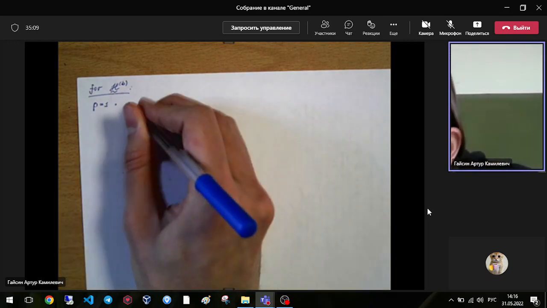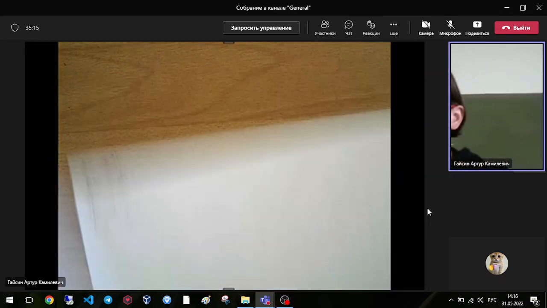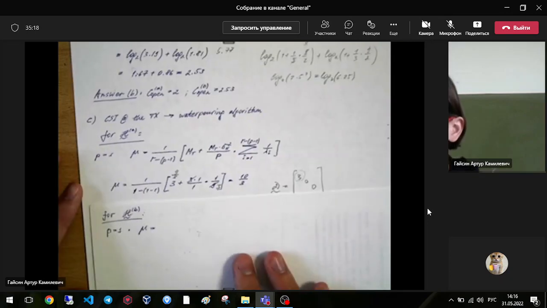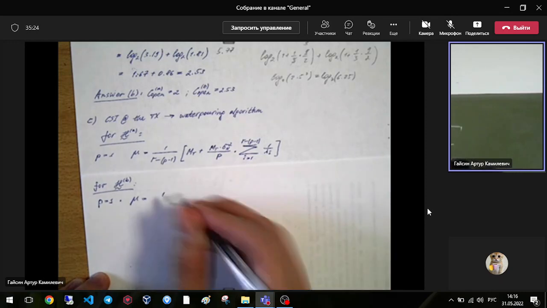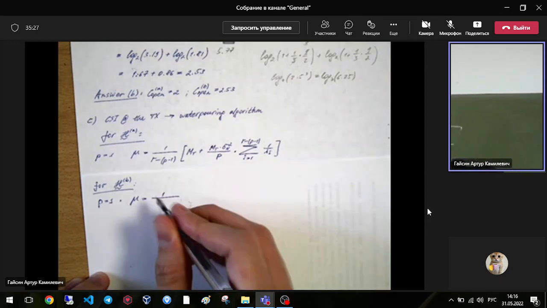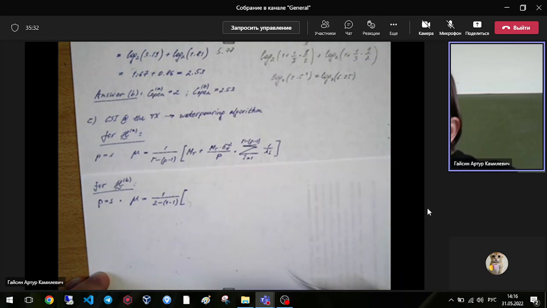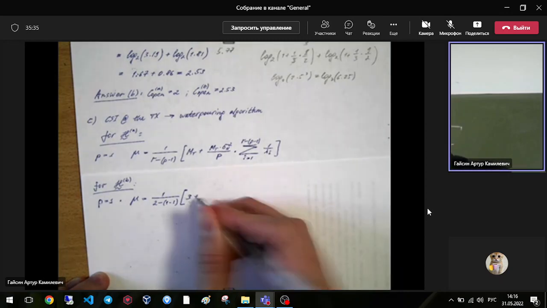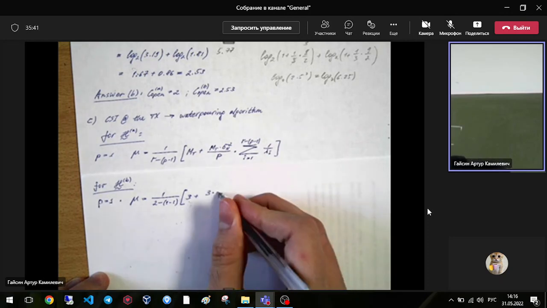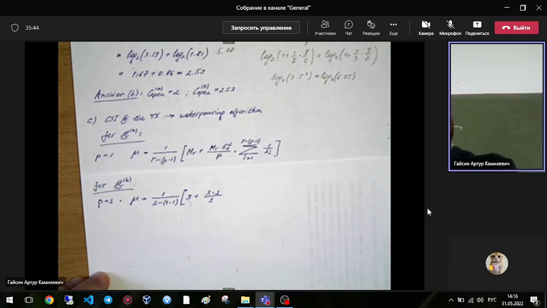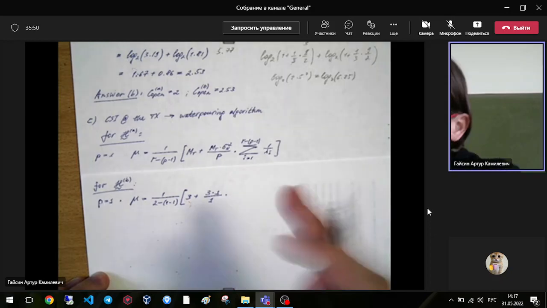So we can say that this mu is equal to, maybe I will show it like this one. So first we write 1 divided by the rank. Rank is equal to 2, minus 1, then number of transmit antennas is equal to 3 plus 3 multiplied with noise variance and divided by transmit power. And here we need to multiply by the sum of these eigenvalues.